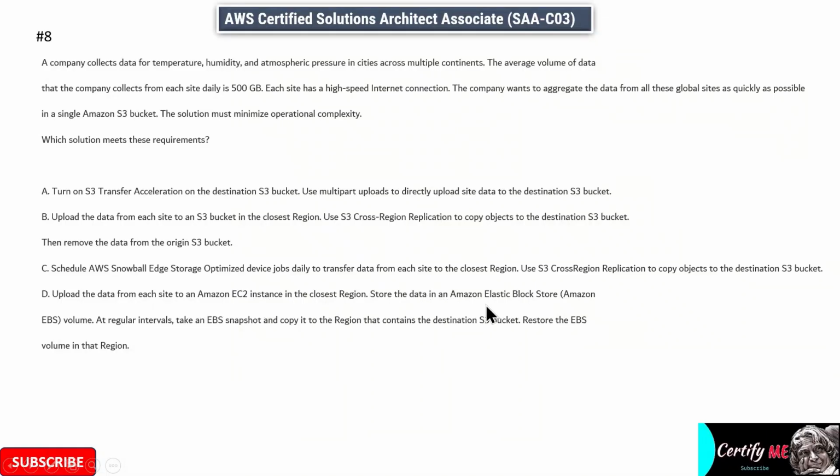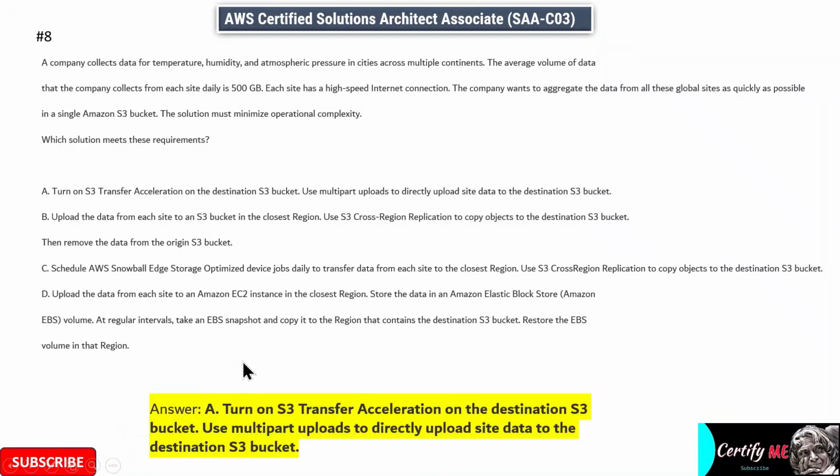Store the data in an Amazon Elastic Block Store volume at regular intervals. Take an EBS snapshot and copy it to the region that contains the destination S3 bucket. Restore the EBS volume in that region. Correct answer is option A. Next question.